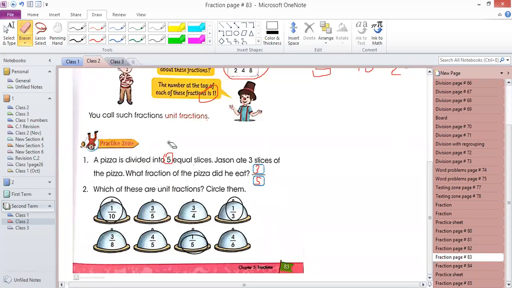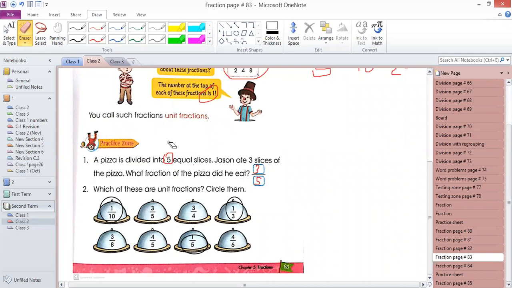Circle them. So you know about the unit fraction, guys. Unit fraction always has one in its numerator. So 1/10 is a unit fraction because in 1/10 there is one in the numerator.